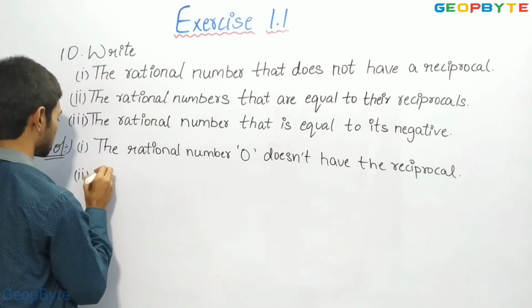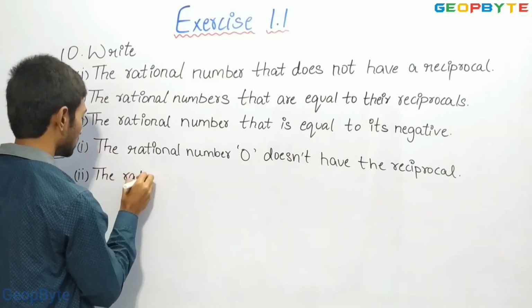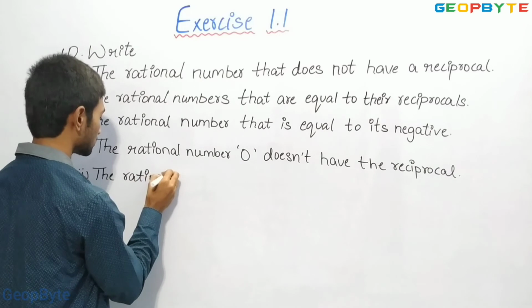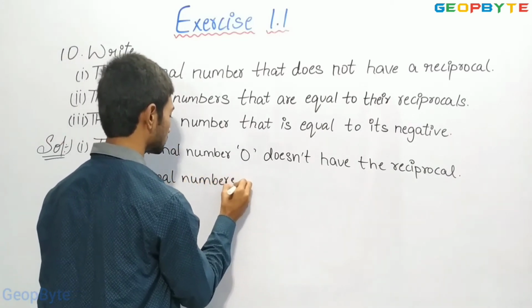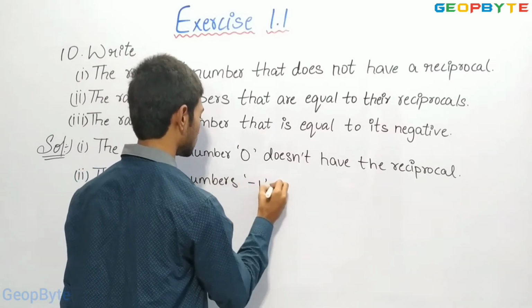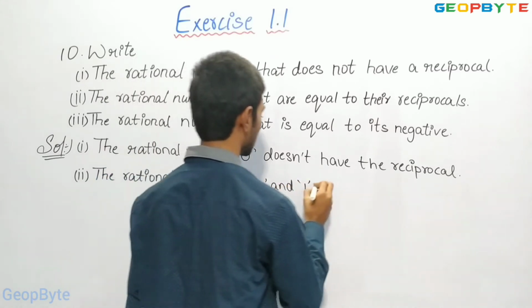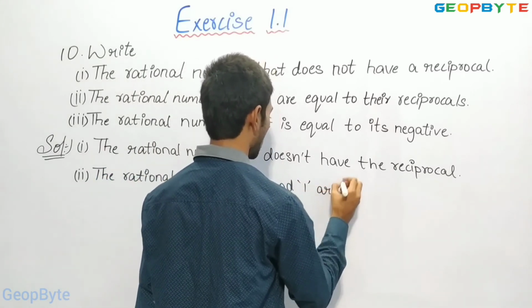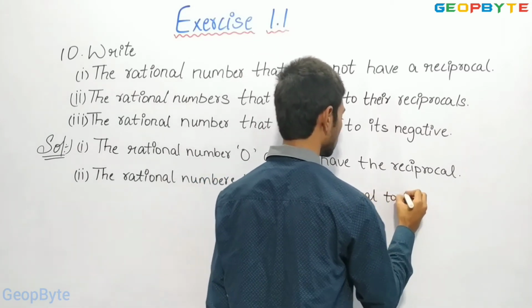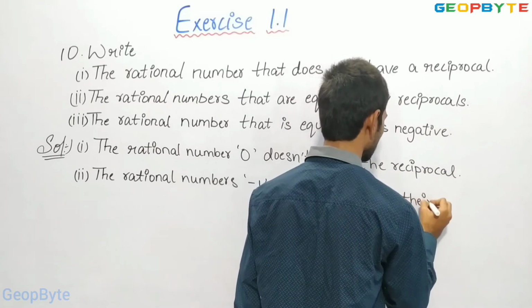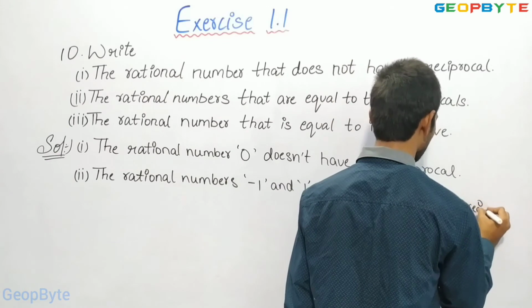That is, the rational numbers minus 1 and 1 are equal to their own reciprocals.